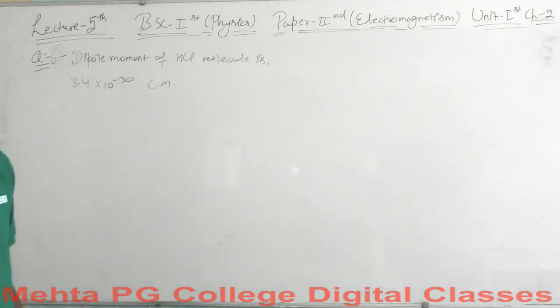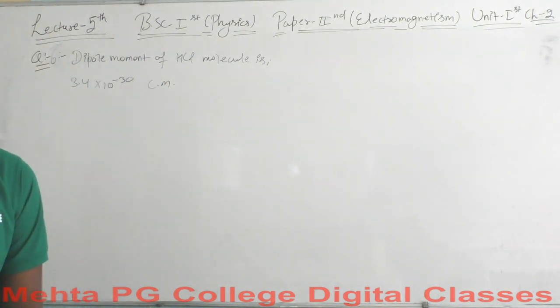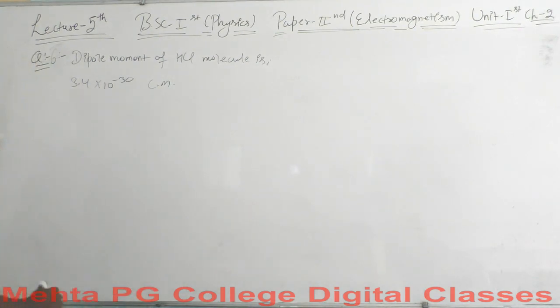We are asked to calculate the distance between the ions. What should be the distance between the ions?